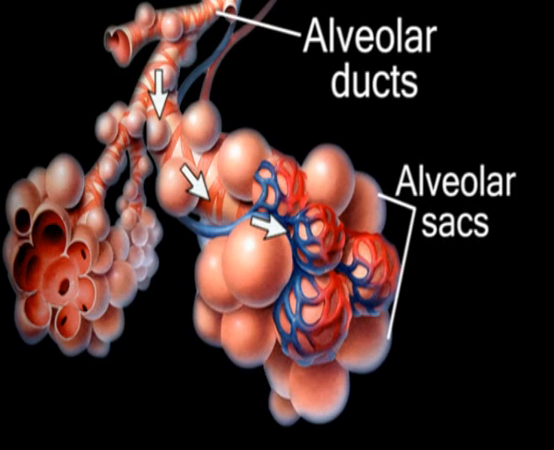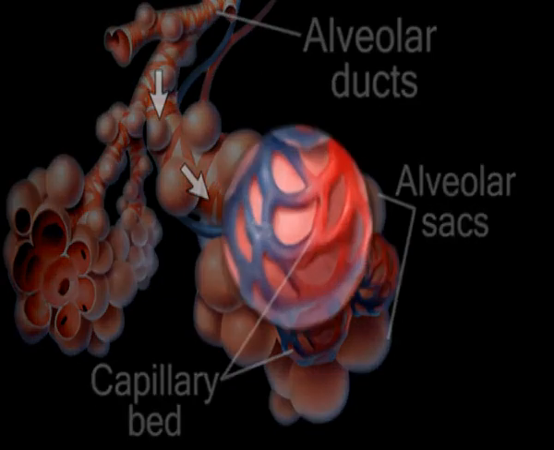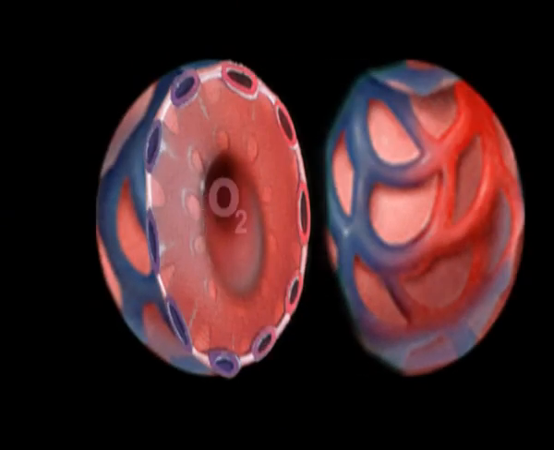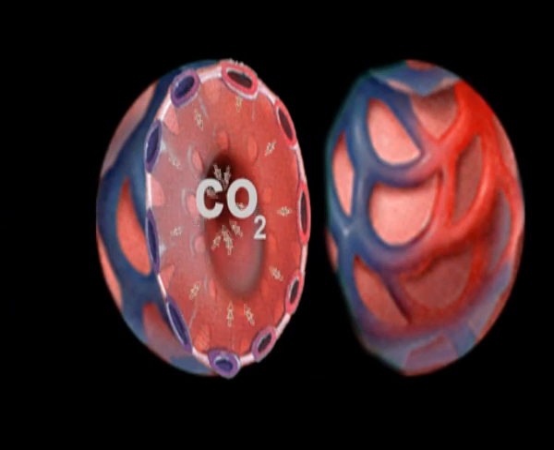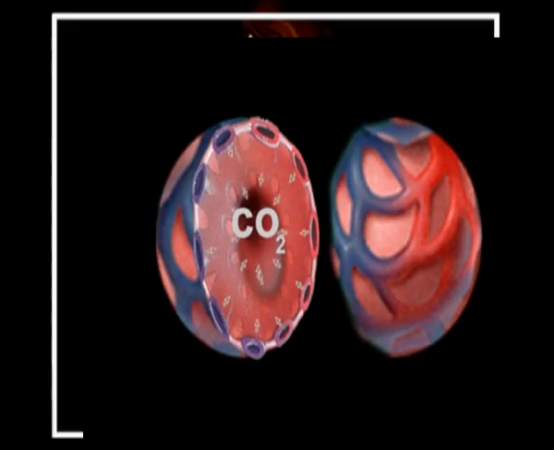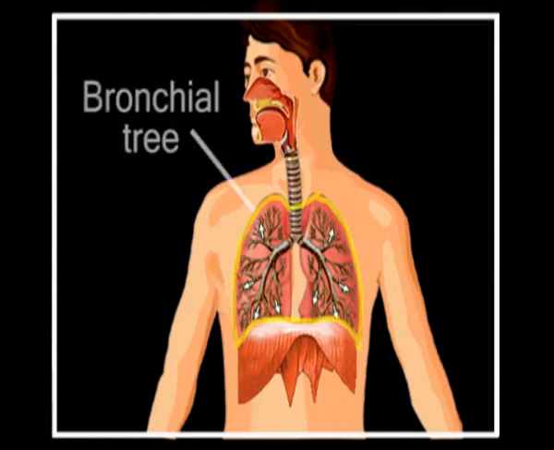As you see here, alveoli are surrounded by several capillaries and form a capillary bed. Also, it has been shown here that the exchange of oxygen and carbon dioxide between blood and air occurs through these walls. The respiratory passageways within the lungs are referred to as the bronchial tree.